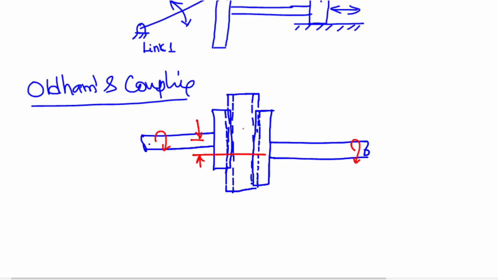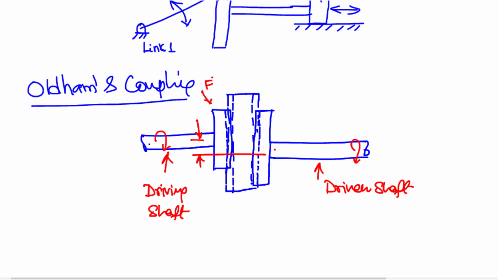So link 1, link 2 and link 3, so driving shaft, this is driving shaft, and this is driven shaft. The flange 1 or disc 1 flange, and this is intermediate, and this is flange.